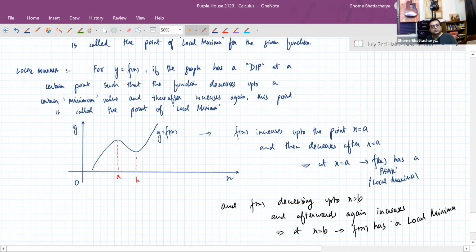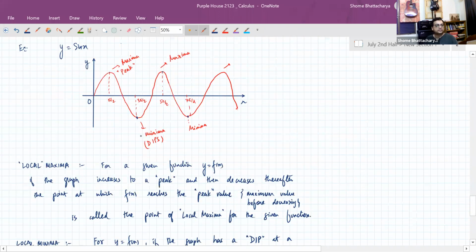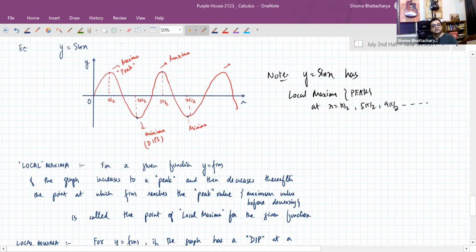Now the actual example of a true function that has this property, one example of that I've shown you above, which is the sin x graph. And you can see that the graph of y equal to sin x has local maxima, that is peak points, at so many points: x equal to pi by 2, 5 pi by 2, 9 pi by 2, and this list goes on.